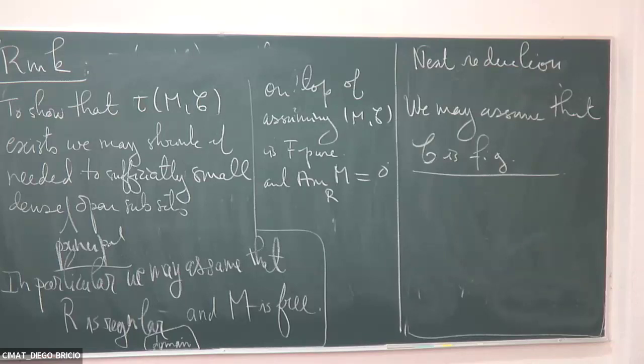So then, what I claim is that there exists a Cartier subalgebra that has two properties. First of all, it is finitely generated.